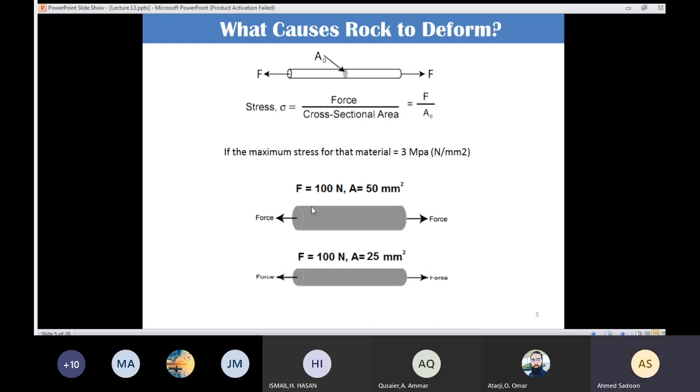If I want to define the material by the forces, for example, if I wanted to buy some material, let's say you are going to buy steel, then will you ask about the force or the area, or am I going to buy the material depending on its stress, and why?